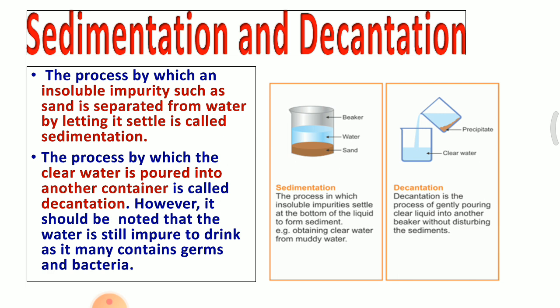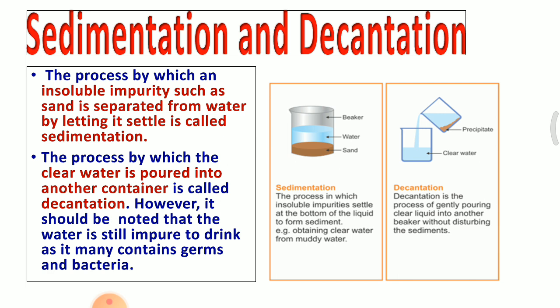And look at this picture. In the first picture, there is a beaker containing sand and water. In the second picture, the water is poured into another container. This process is called decantation.